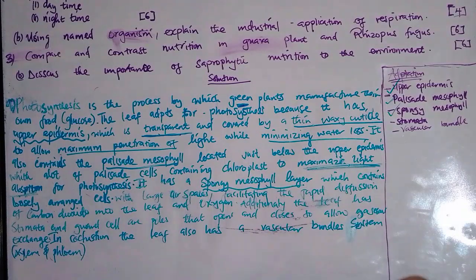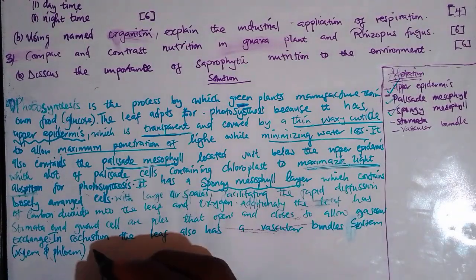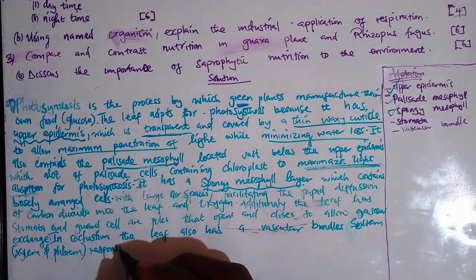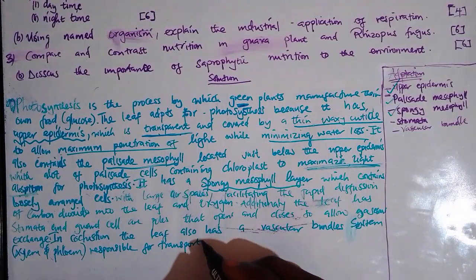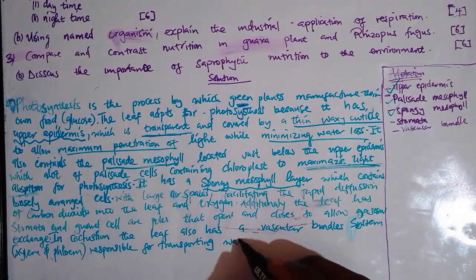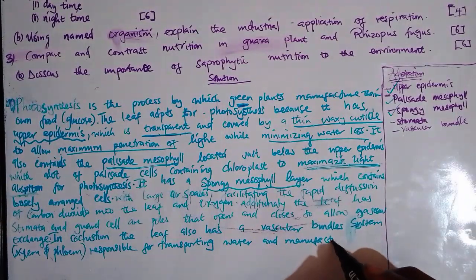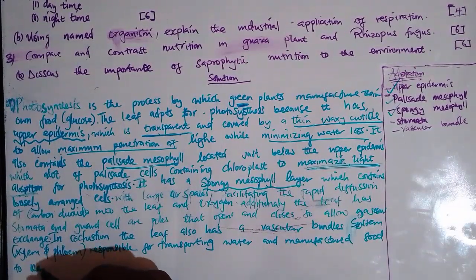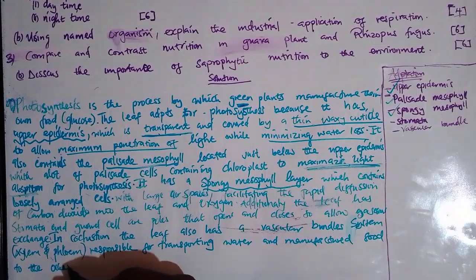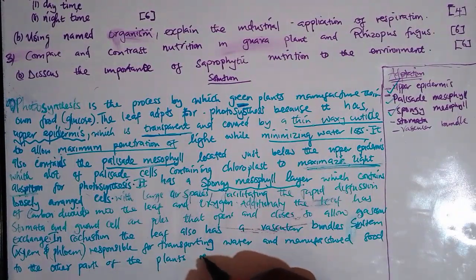So here you can say it has also the vascular bundle system responsible for transporting water and manufactured food to the other parts of the plant respectively.